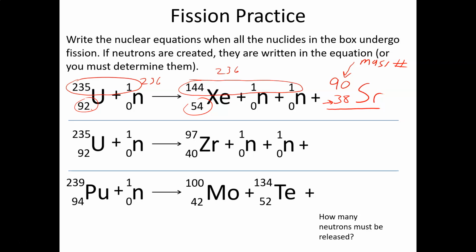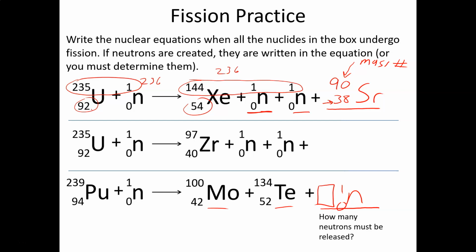All right, take a second and complete the next problems. And actually down here, be careful on this one. Just want to give you a tip. You're not trying to figure out the two elements that are formed. You're trying to figure out how many neutrons are released. And instead of writing them all out like this up here, where you have neutron plus neutron plus neutron, you can just write a number right here that says how many of these neutrons are formed.